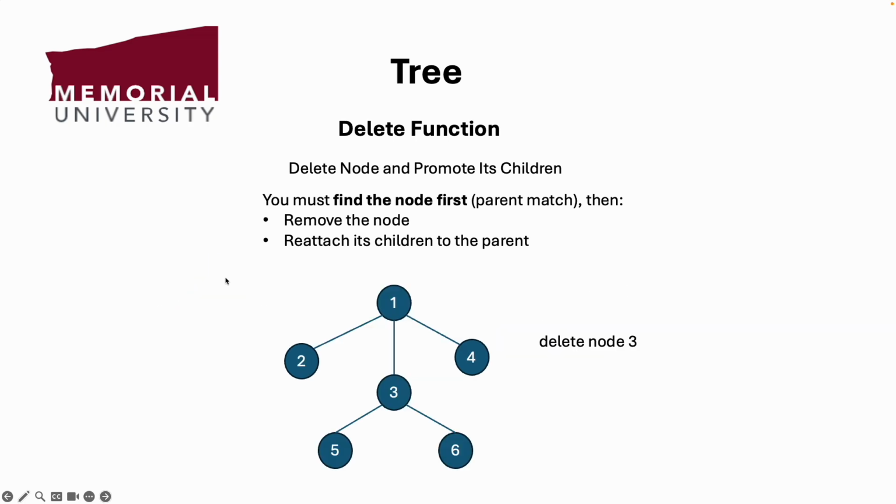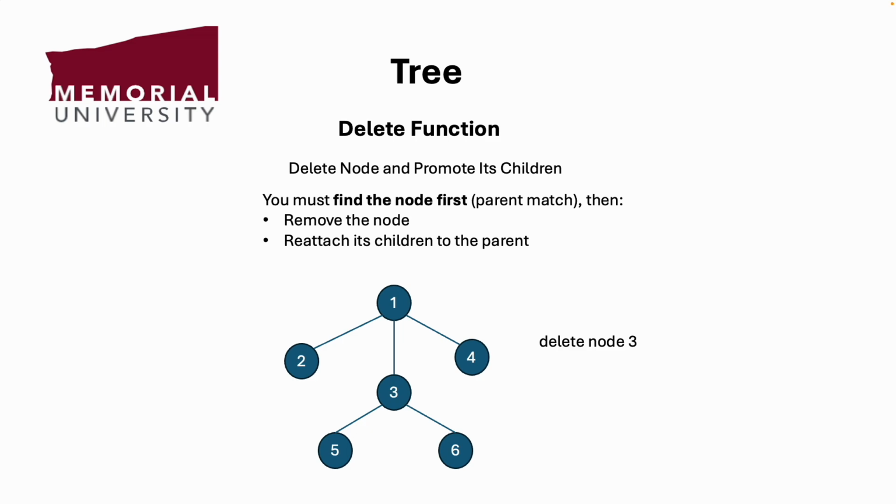Okay, how does that work here though? Let's look at it step by step. We first find the node, and then we're going to remove the node and reattach the children to their parents.